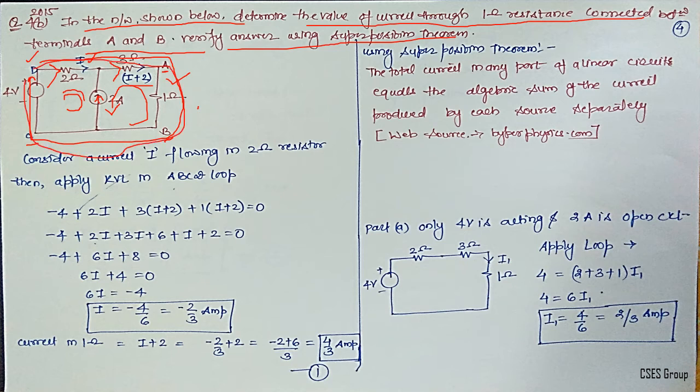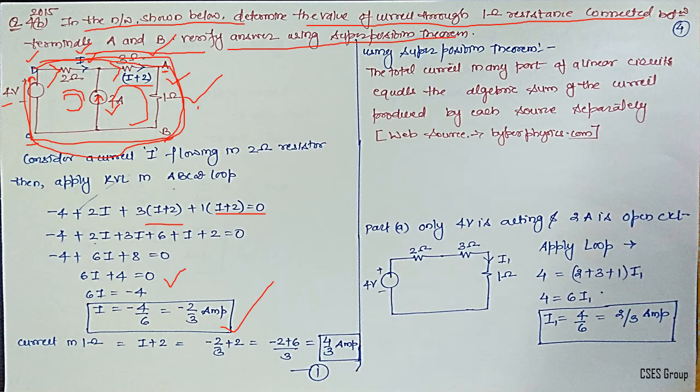If you write so, the loop equation is minus 4 plus 2 into I plus 2 into 3 plus 1 into I plus 2. Simplification of that will yield 6I plus 4, which gives I equals minus 2 by 3 amperes.